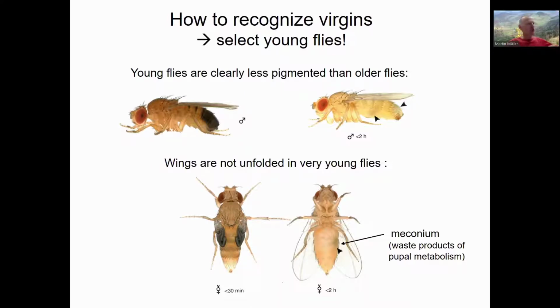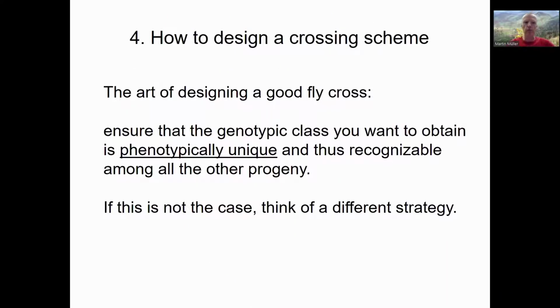Okay, we already come to the last part, which is how to design a crossing scheme. And we do it a little bit more carefully, step by step here, because we have learned that the genetics education of few students can be quite different. Some say, come on, what you present here as genetics, that's easy.